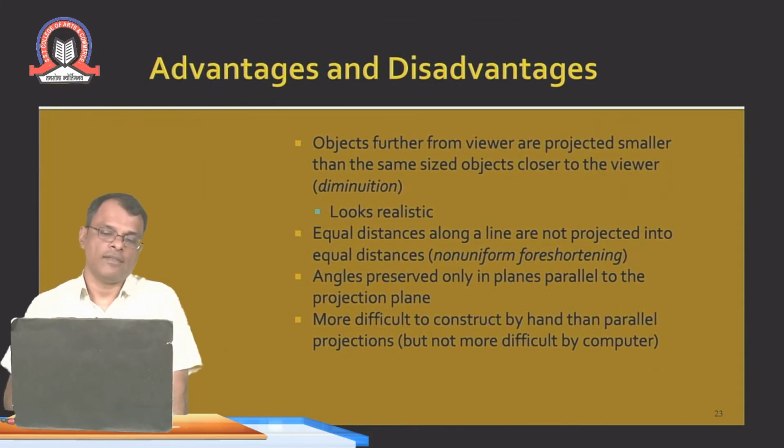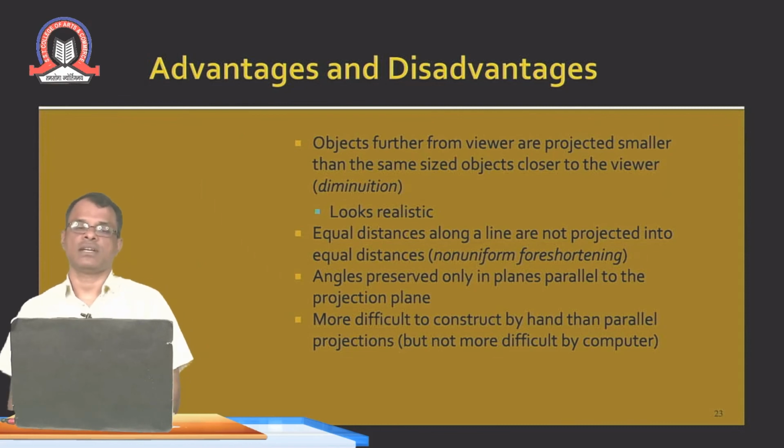Now, what are the advantages of this perspective view? Advantages and disadvantages. Objects at a distance from the viewer are projected smaller than the same size objects closer to the viewer.